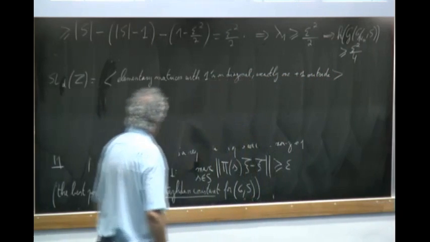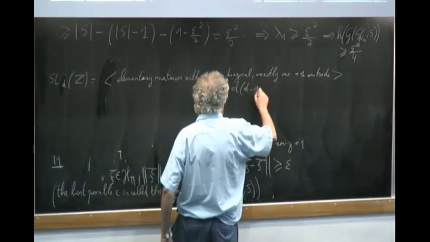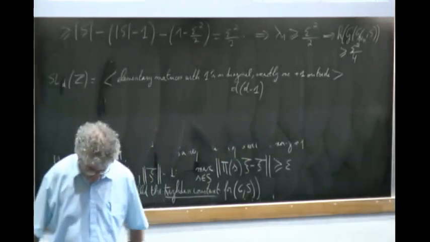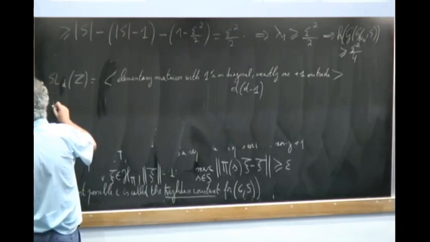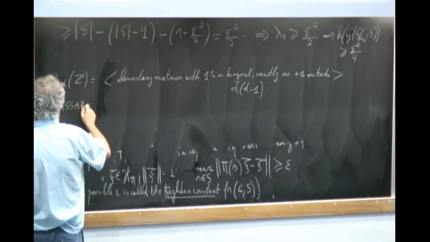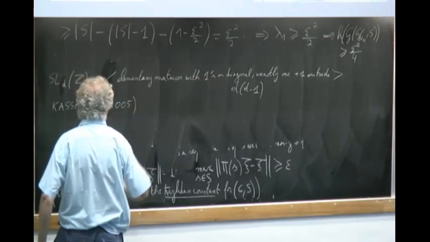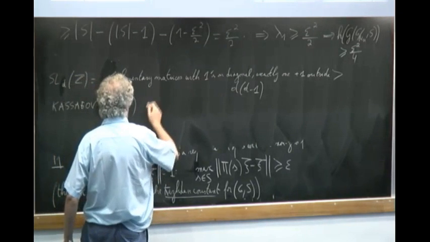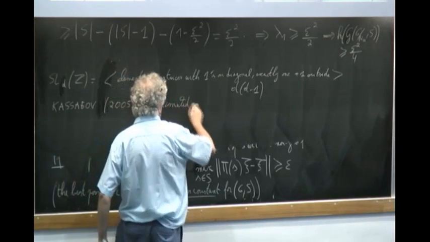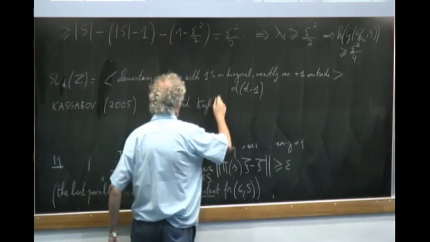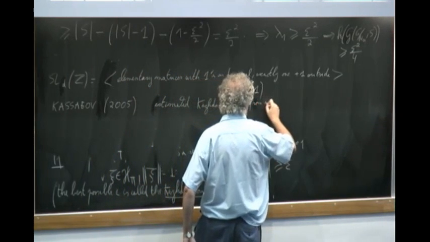So there is this canonical set of, I guess, d squared minus d matrices, and there is a Bulgarian mathematician, Kassabov, who in 2005 estimated the Kazhdan constant from above and from below.